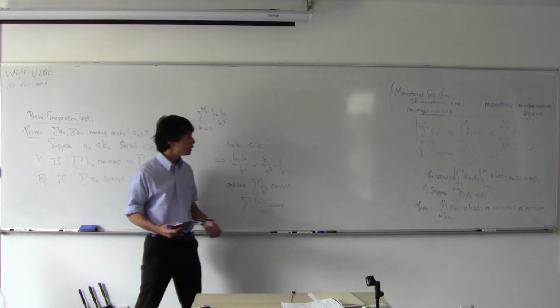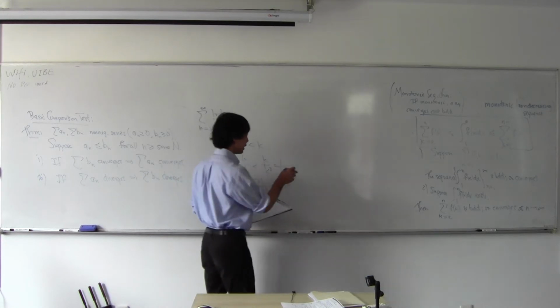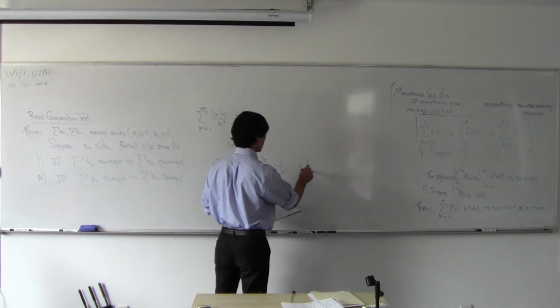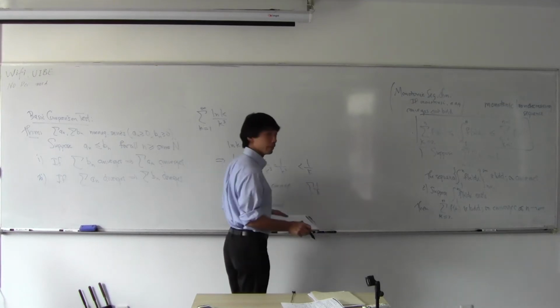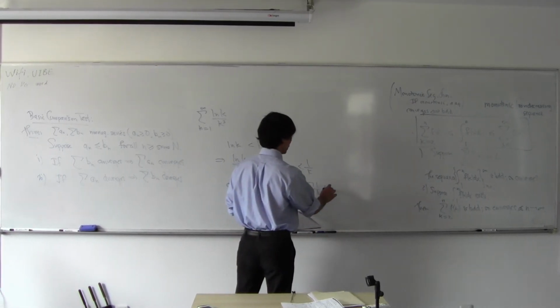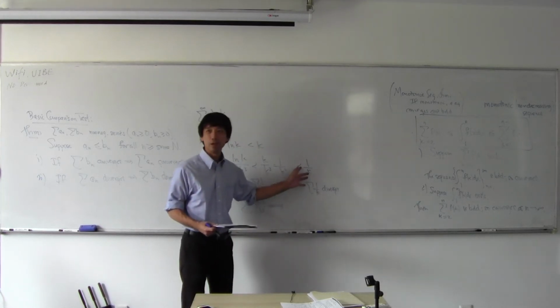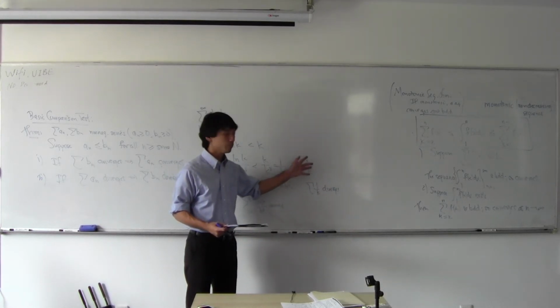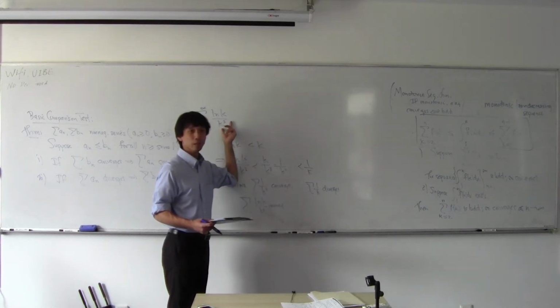Okay. Notice that you could have done something useless if you had said, oh look, this 1 over k squared is smaller than 1 over k, and the 1 over k diverges. That's true, but that wouldn't help you at all. You would find somebody bigger that diverges, and that doesn't tell you anything about this.